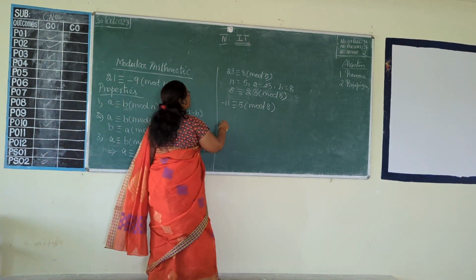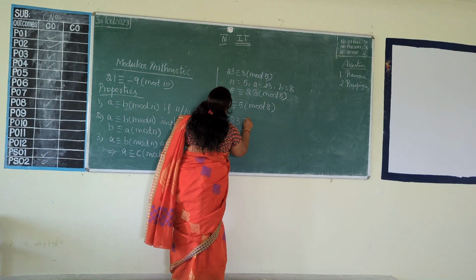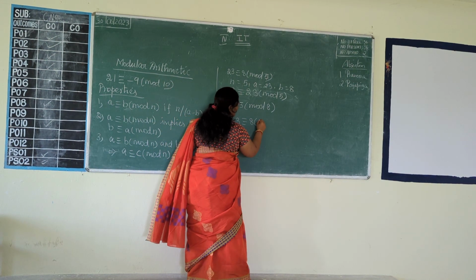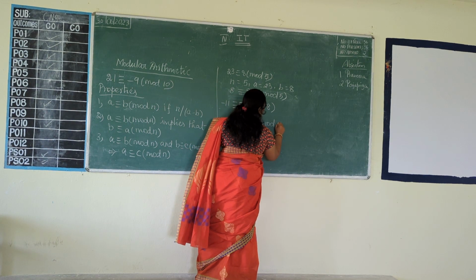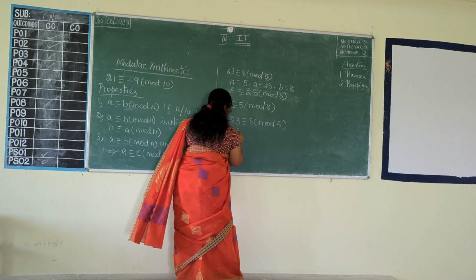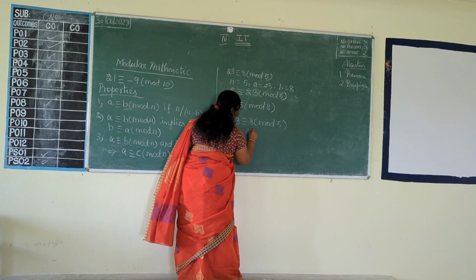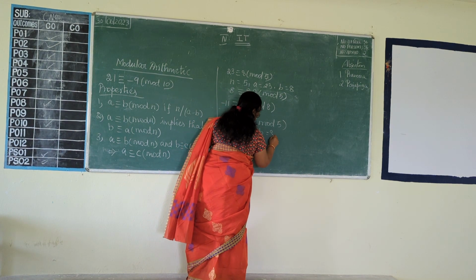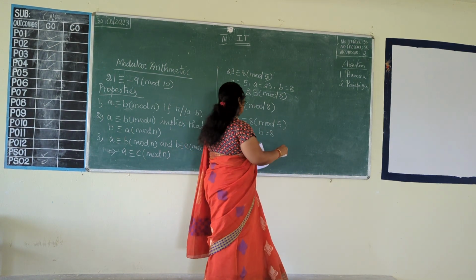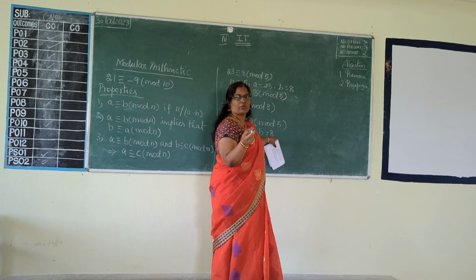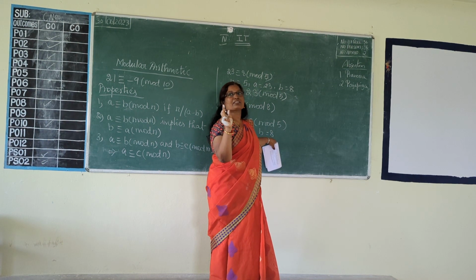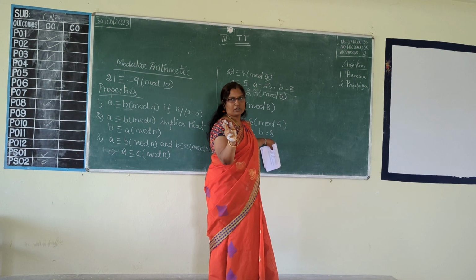So we have taken 23 is congruent to 8 mod 5. Here A is equal to 23 and B is equal to 8. Similarly, you need to take one more congruence where the mod value will be 5. In such a way you will have to take it.